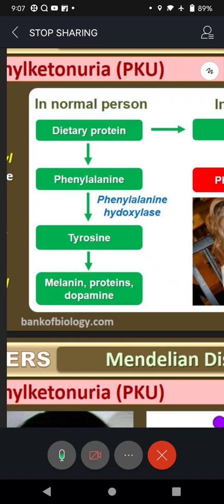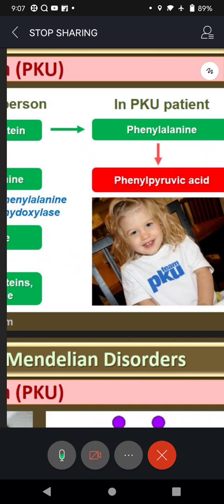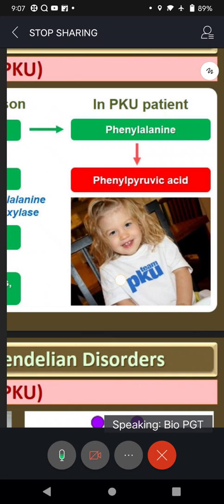And that becomes phenylalanine amino acid, and phenylalanine should get converted to tyrosine, provided the person has that enzyme phenylalanine hydroxylase, and tyrosine then gives melanin and other products. What about the person that we are talking about? Phenylalanine will be staying in the blood like that, and it becomes phenylpyruvic acid.